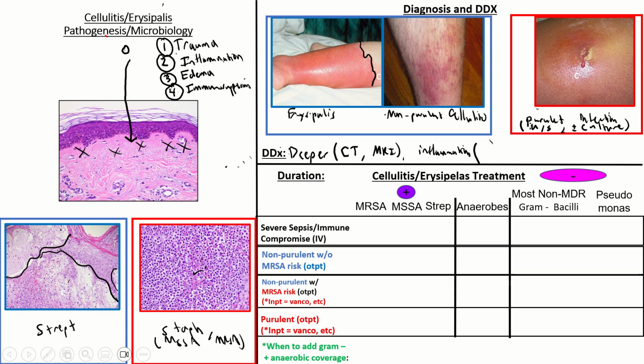They may have things like varicose veins, hemosiderin deposition, signs of stasis as well. That clues you in for stasis dermatitis, which the treatment is different, and it is treated a ton as cellulitis, which puts the patients at risk for long-term antimicrobial resistance.